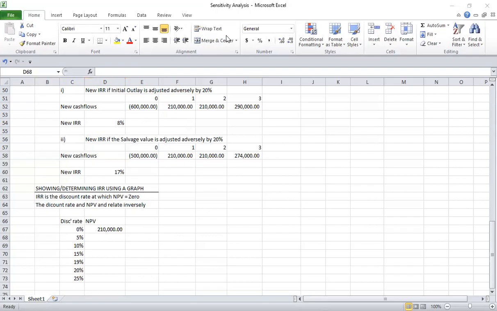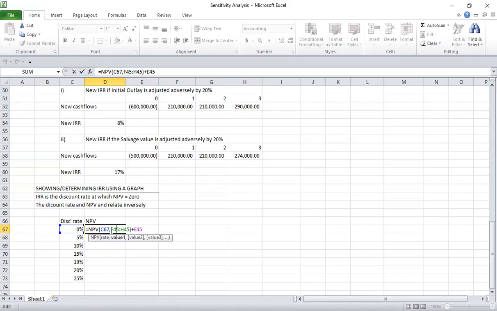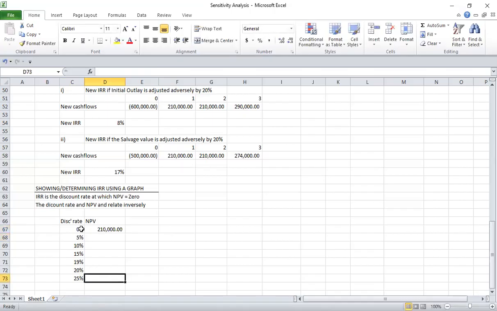Not yet. In this formula, our cash flows will not change. All these, F45, H45, and E45, will not change. They will remain constant until the last percentage. The only thing that will keep changing is that percentage.